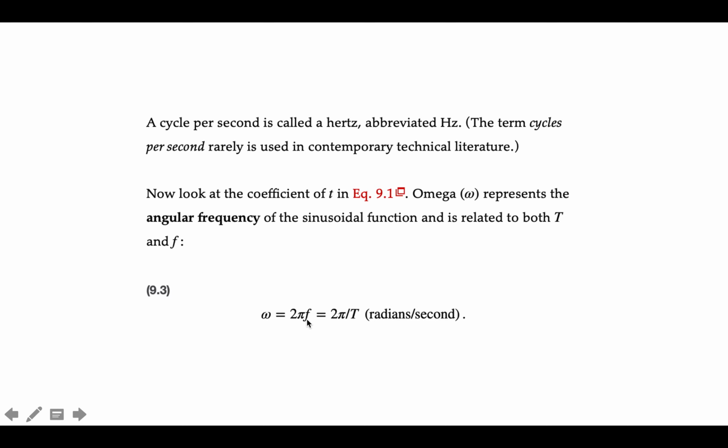Substituting 1 over T for f, omega can be expressed as 2 pi over T. So this is a units balancing issue, knowing whether to multiply or divide by 2 pi. Once again, if you have hertz, then you multiply that by 2 pi radians, and then you get radians per second. So omega is 2 pi f.